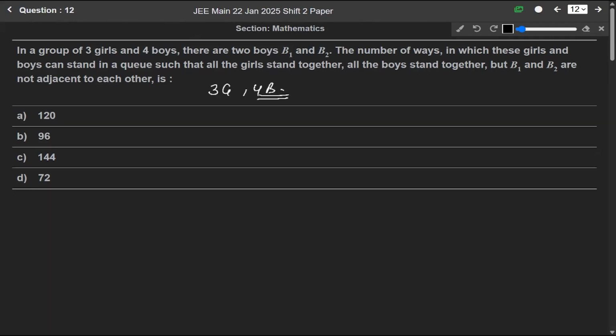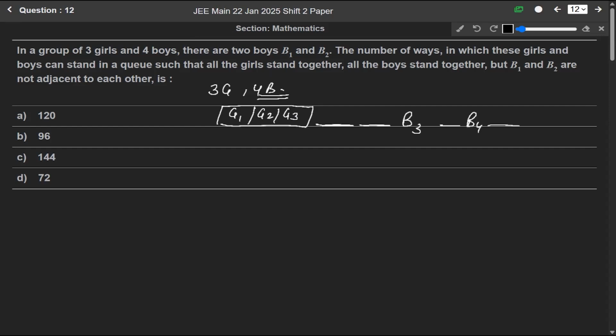Let us say G1, G2 and G3 are the 3 girls, and the boys are B1, B2, B3 and B4, okay.